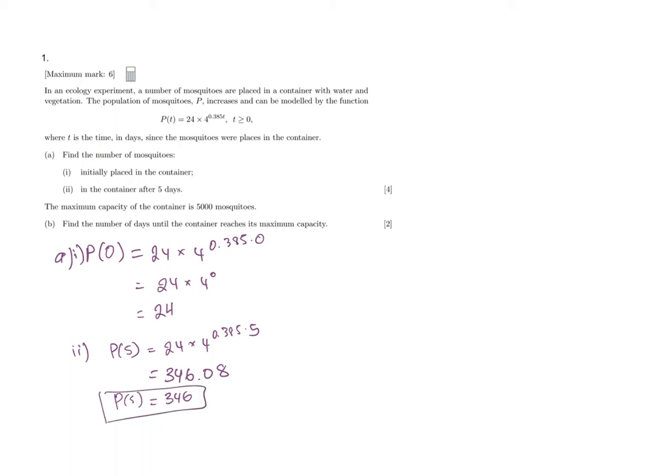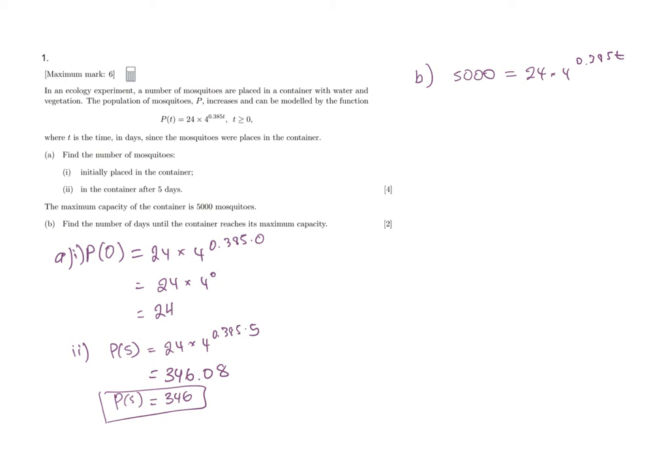Then we have the maximum capacity of the container is 5,000 mosquitoes. Find the number of days until the container reaches its maximum capacity. So for this part of the question, we want to know when 5,000 is going to be equal to 24 times 4 to the power of 0.385t, and we want to find the value of t for which this is true.